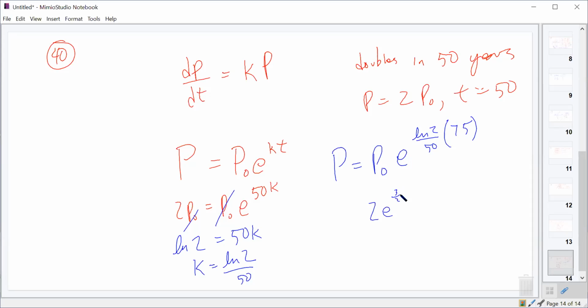Yeah. The initial population is 2e to the 3 halves. And what does it say? Population to the initial population. So it's this over the initial population. What did that come out to be? 8.963.